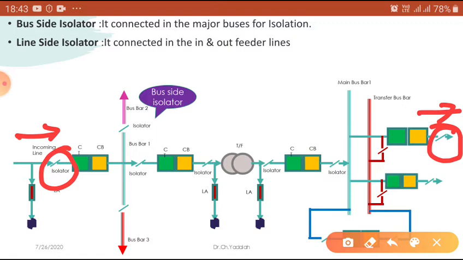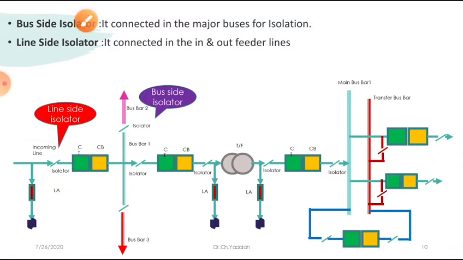The isolators used in the incoming line and outgoing line are known as line side isolators. They are connected in the in and out feeder lines. You can see this one, and this is the line side isolator.